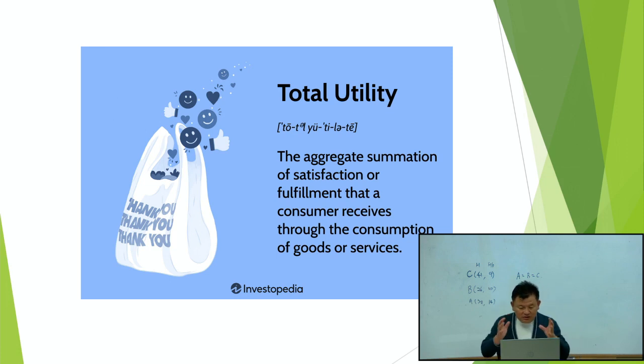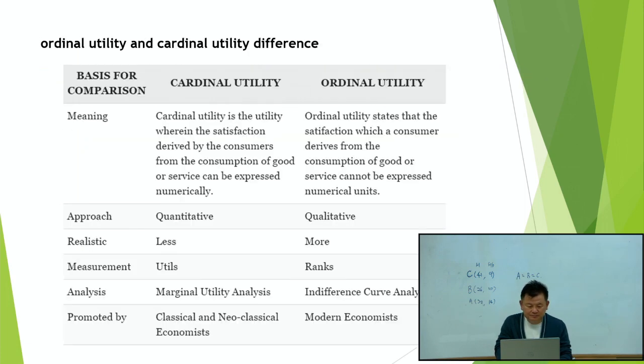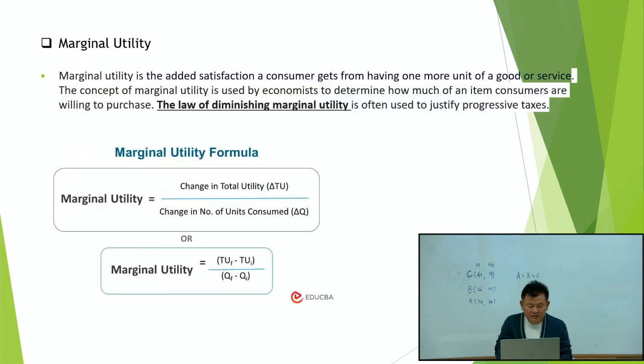So a summation of satisfaction or fulfillment from using goods and services. And this is total utility. And the final utility, we can review the marginal utility.